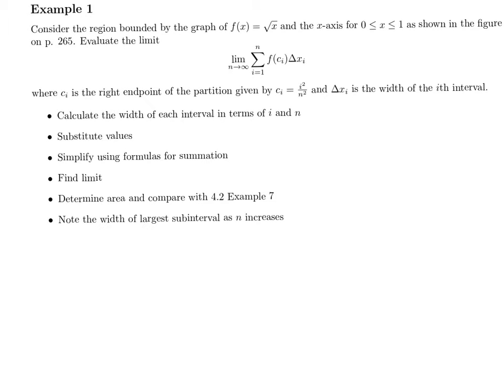We have the region bounded by the graph of f of x equals square root of x, and we're looking at the area between x equals 0 and x equals 1. So at 1, y equals 1, and we want to evaluate this limit. Notice one major difference here. Before we dealt with delta x, now we have a delta x sub i.